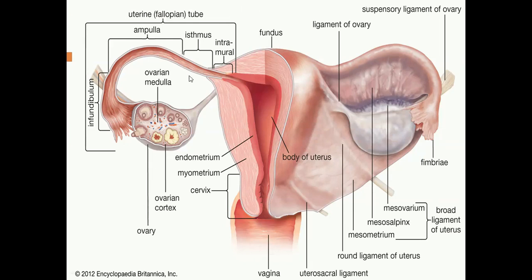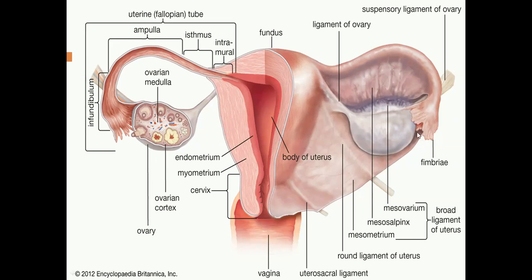So this is the structure of the uterus, and this is the endometrium, this is the myometrium, this is the area called the cervix, the lower end of the uterus, this is the cut section of the vagina, and this is the luminal wall of the uterus. If you clearly see here, there is a connective tissue covering around the ovary, right?